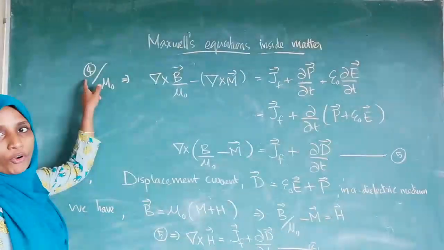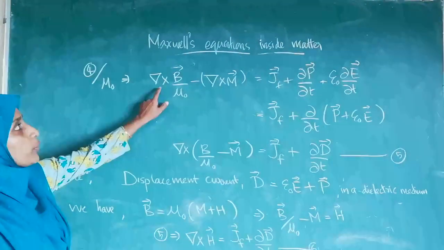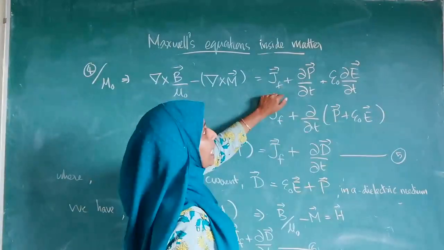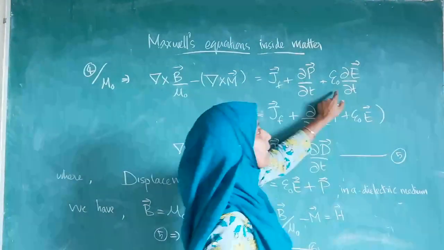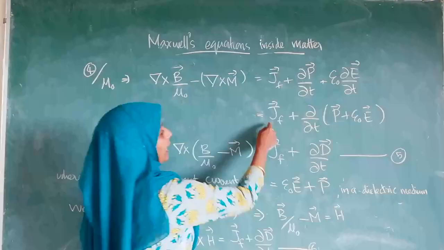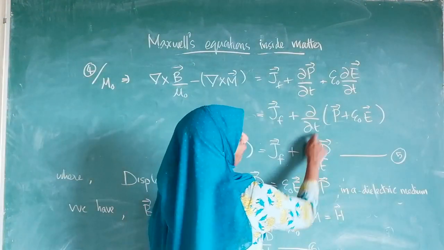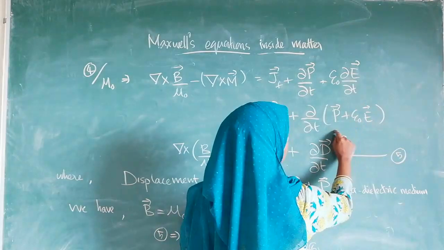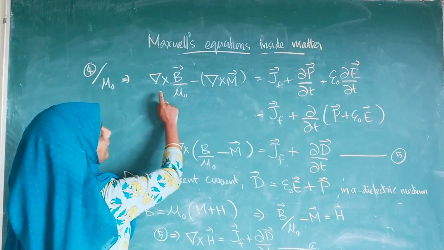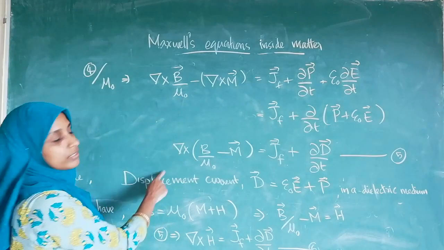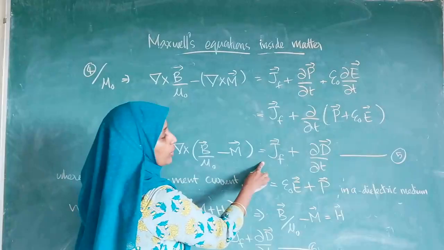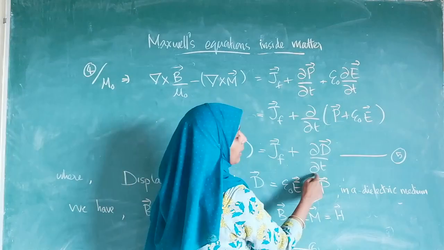Dividing equation 4 by μ0, we get ∇ × B/μ0 minus ∇ × M equal to Jf plus ∂P/∂t plus ε0 ∂E/∂t. That's equal to Jf plus ∂/∂t of (P plus ε0 E). And in the LHS, I am taking the curl as common, that is ∇ × (B/μ0 minus M) is equal to Jf plus ∂D/∂t.